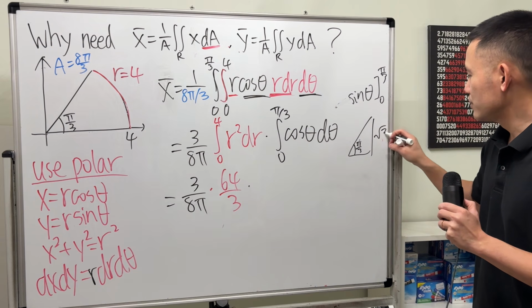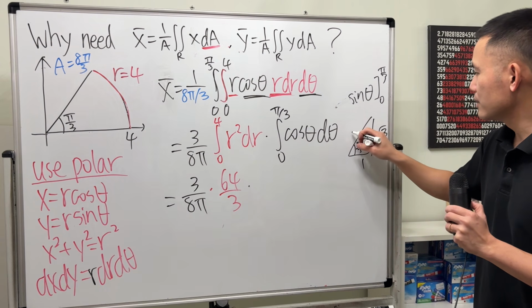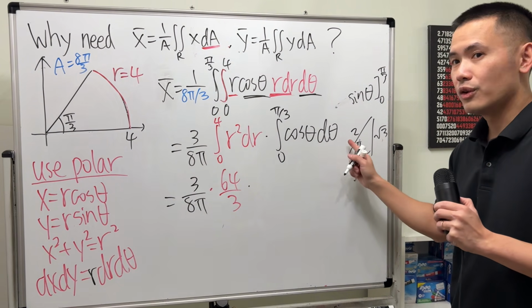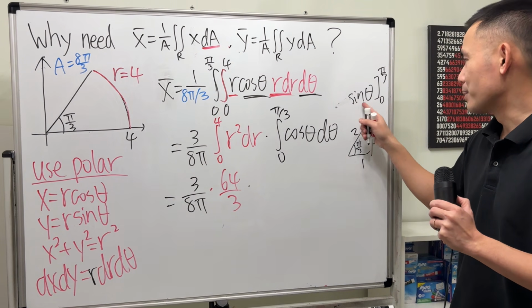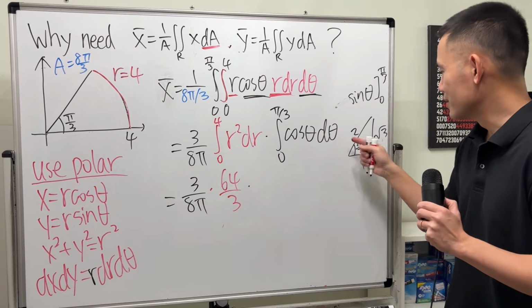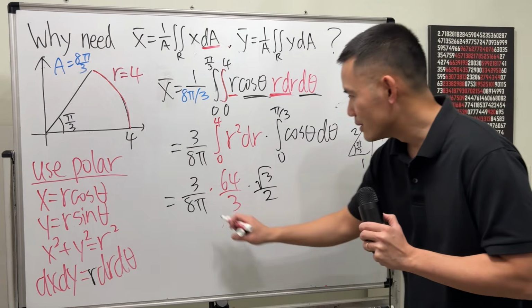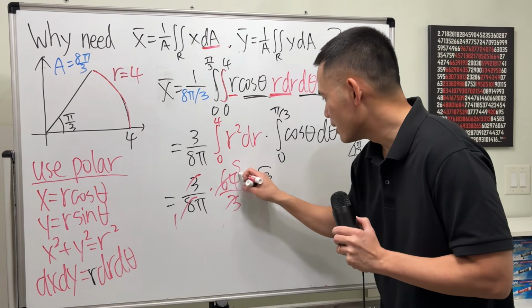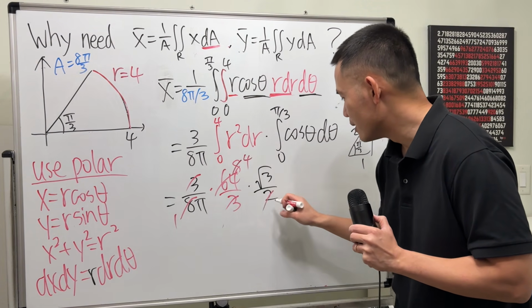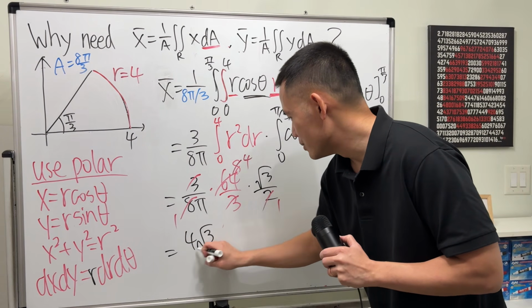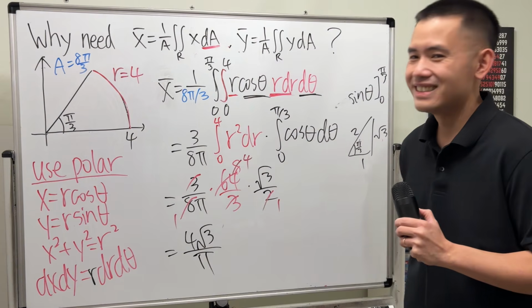We get square root of 3 over 2, because it's 60 degrees, and that's opposite over hypotenuse. And don't forget to plug in 0, but sine 0 is 0, so we're good. So this right here, square root of 3 over 2. Now, cancel, cancel, reduce, all that stuff, right? Yeah. So we get 4 square root of 3 over pi.